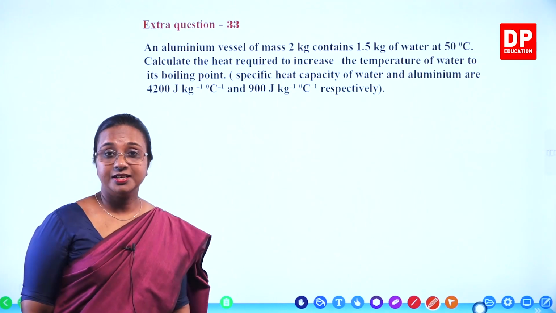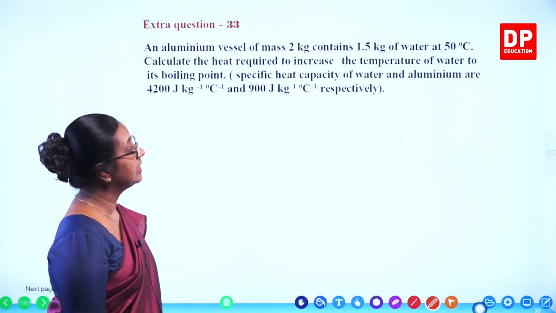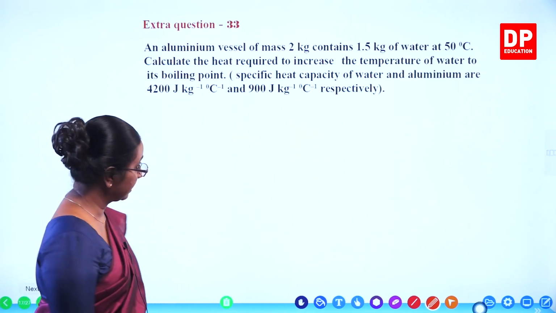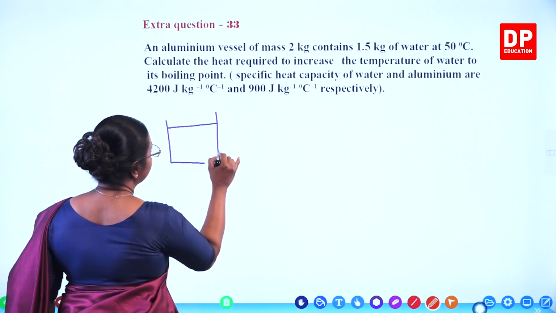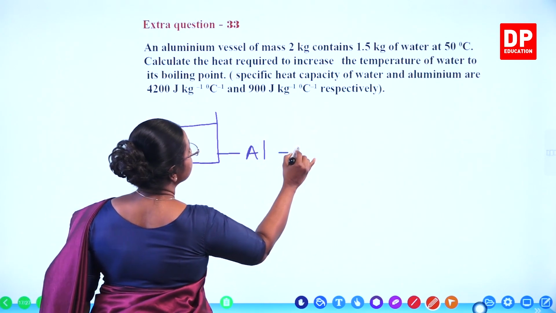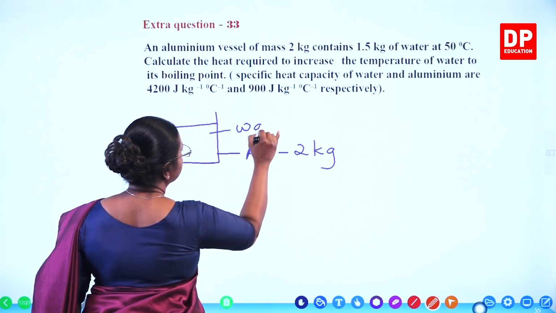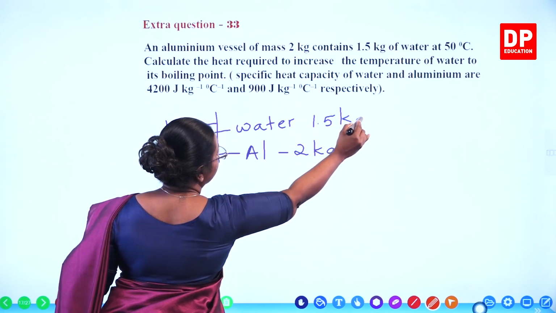Extra question 33. An aluminium vessel of mass 2 kg contains 1.5 kg of water at 50 degrees Celsius. So, if you show that in a diagram, this is an aluminium vessel, the mass is 2 kg, and it has water, and the mass is 1.5 kg.